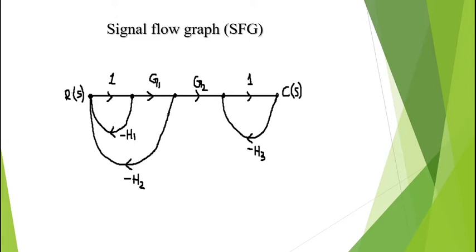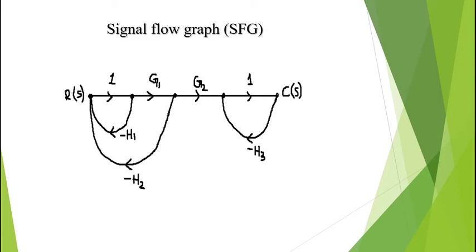Firstly, we have to find the number of forward paths present in the signal flow graph. By looking at this signal flow graph, we find that there is only one forward path, connecting the input and output. A forward path is a path connecting input and output without crossing any node more than once.